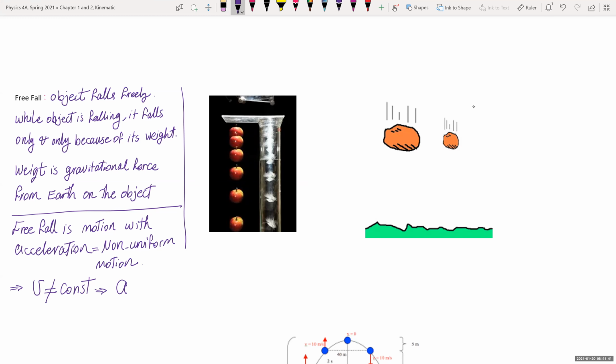What is this acceleration? It's called ay. What does ay mean? It's acceleration on the y-axis when in free fall.